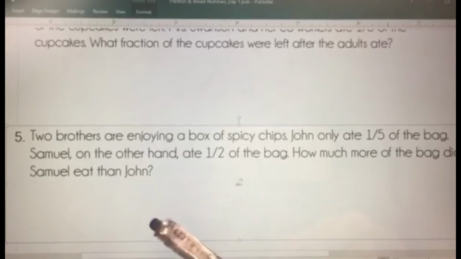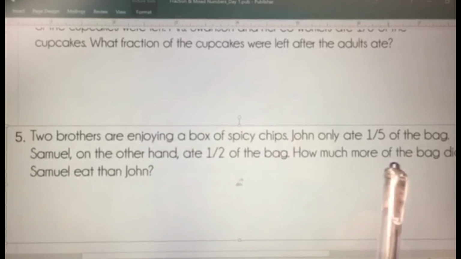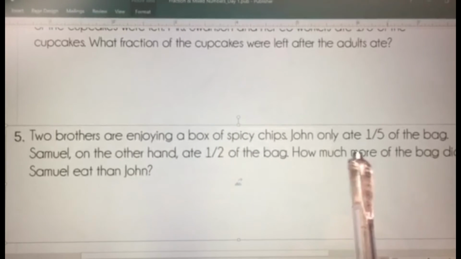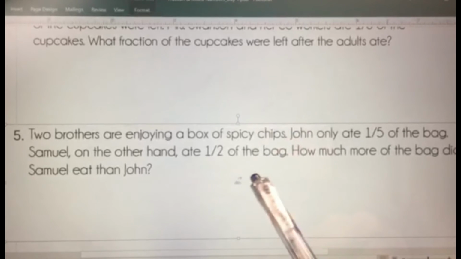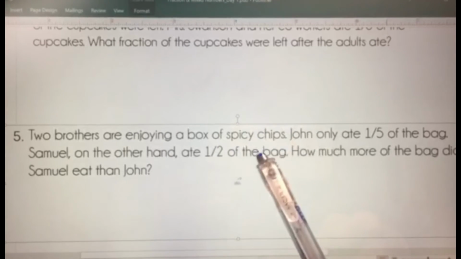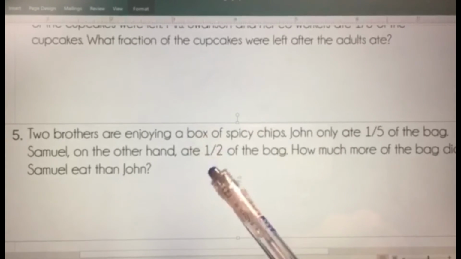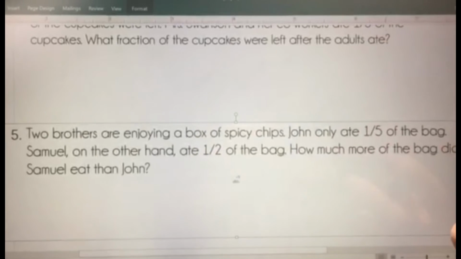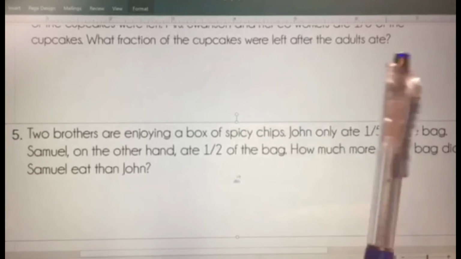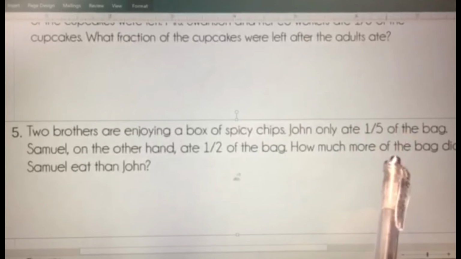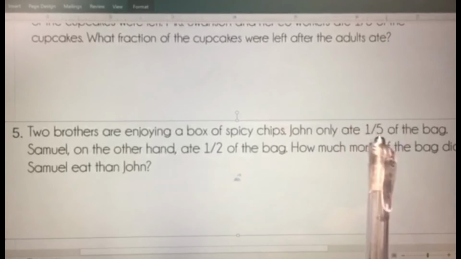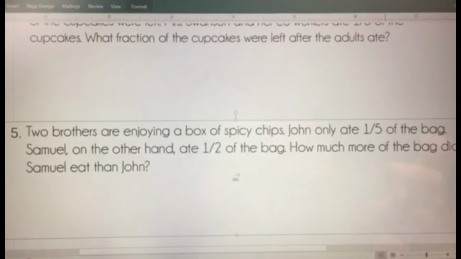How much more of the bag did Samuel eat than John? So it's a fraction. Your answer will look like, if it's 1/3, you will say Samuel ate 1/3 of the bag more than John. Something like this.